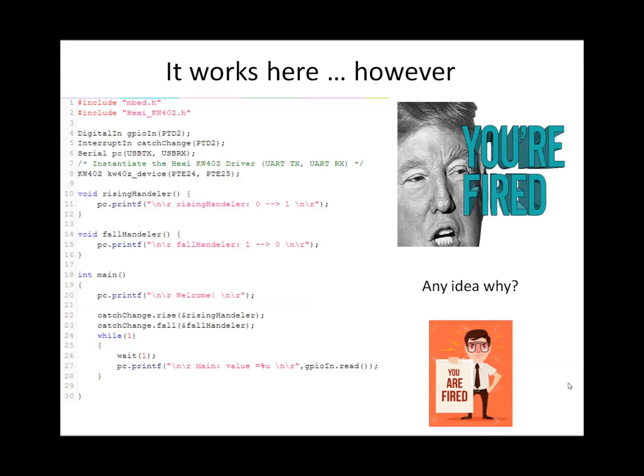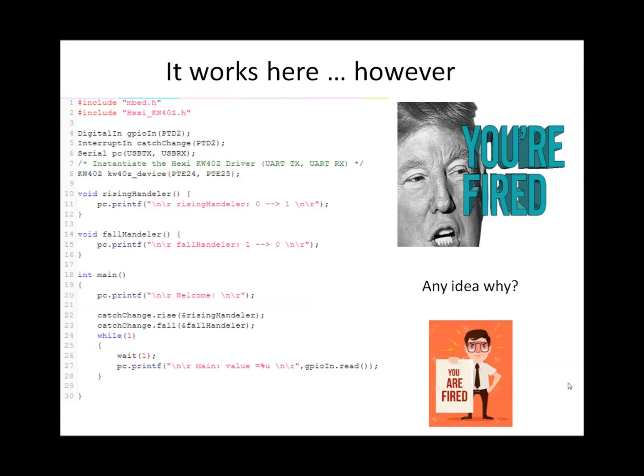Okay? So now let's suggest how to minimize. Do you get the problem? printf is a serial communication, which is slow, consumes time, may block, whatever. Okay?